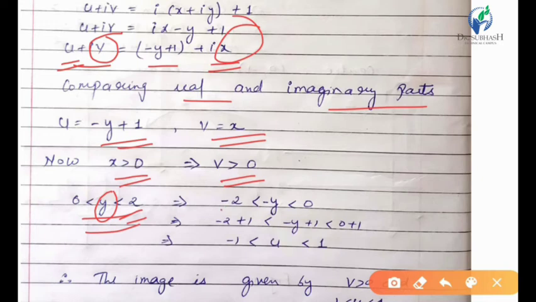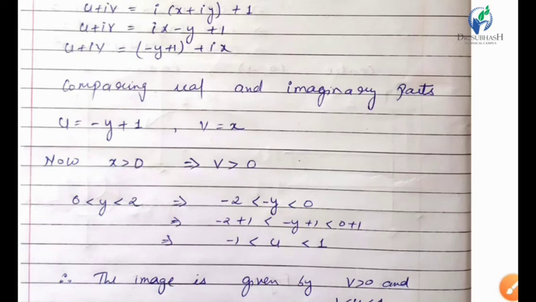So we get minus 2 less than minus y less than 0. Now here we want plus 1, so we will add 1 in the whole equation. So we get minus 2 plus 1, minus y plus 1 and 0 plus 1. So this will be minus 1, and now minus y plus 1 can be written as u in the above equation, and this will be 1.